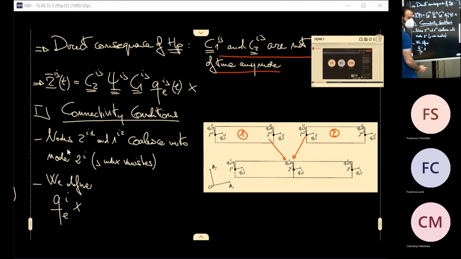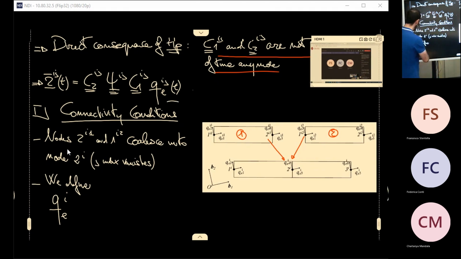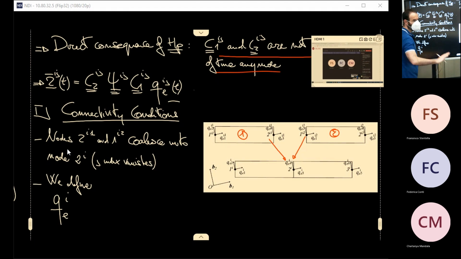There is a J missing here and here. Because this is the vector of nodal coordinates expressed with respect to the body frame. This is the vector of all nodal coordinates. This is only for the element J. This is for the overall body.